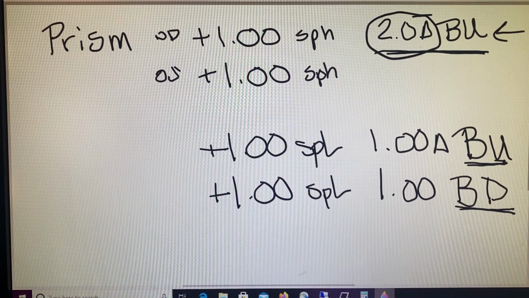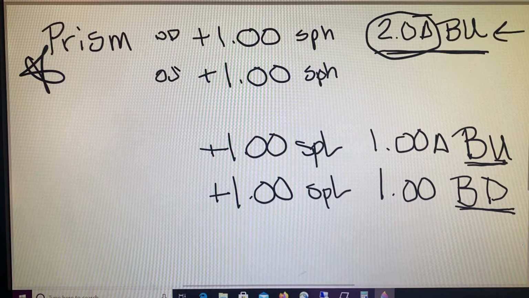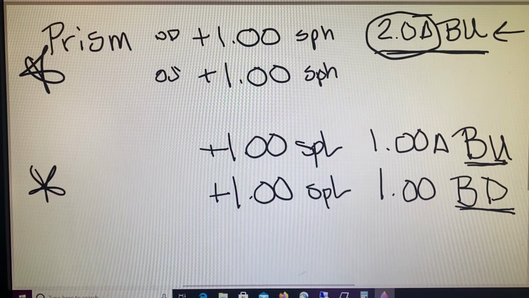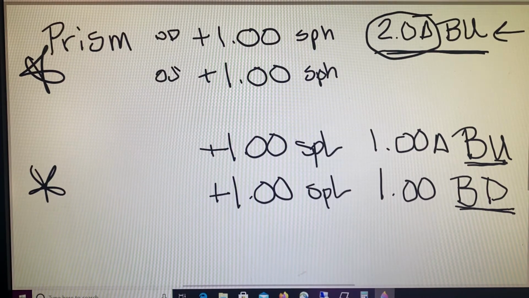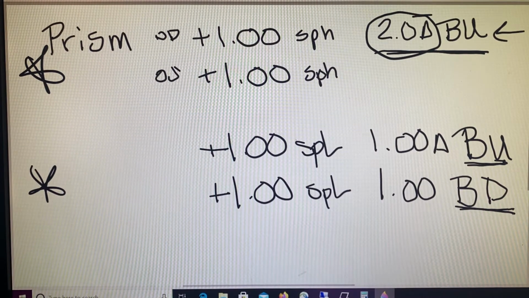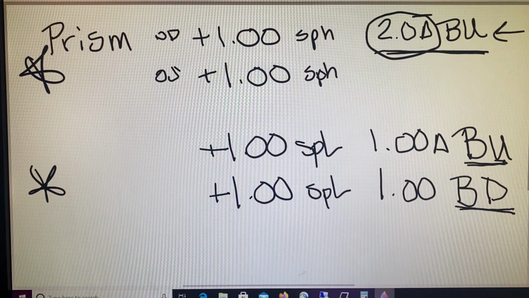So we would see this original prescription written like this second one once we received it from the lab, and we would find that the lab had placed 1 diopter of base up Prism in the right eye and 1 diopter of base down Prism in the left eye to help balance these glasses.